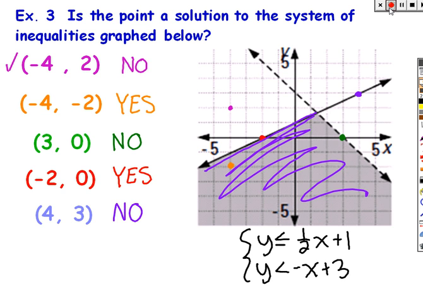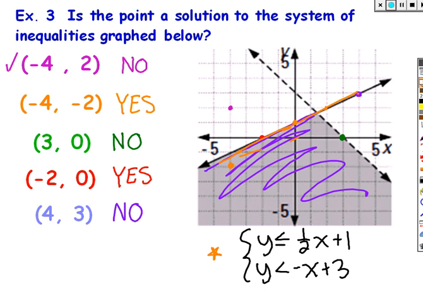Another way to do this problem would be to actually write the equations for the system. So I have two inequalities. One of them has a y-intercept of 1, rising 1, running 2, and I'm shading below. It's a solid line, so that would be the inequality y ≤ 1/2 x + 1.